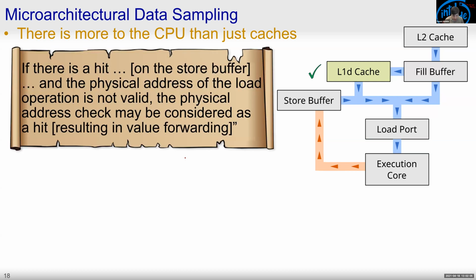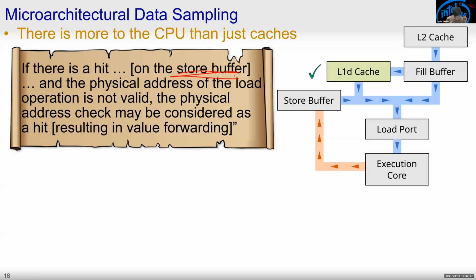If there is a hit on the store buffer and the physical address of the load operation is not valid, the physical address check may be considered as a hit, resulting in value forwarding. Okay, that was too much English. Let me try doing it again, this time more technical. If there is a hit on the store buffer, so there is some piece of data in the store buffer. So there is a store buffer, a new thing learned.